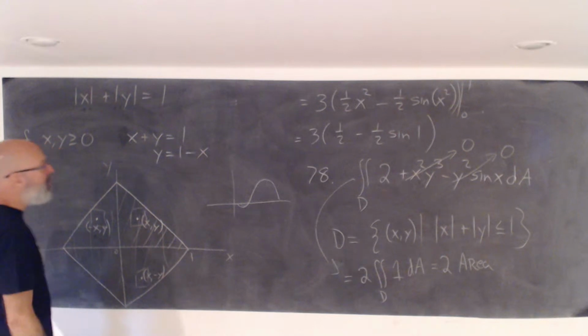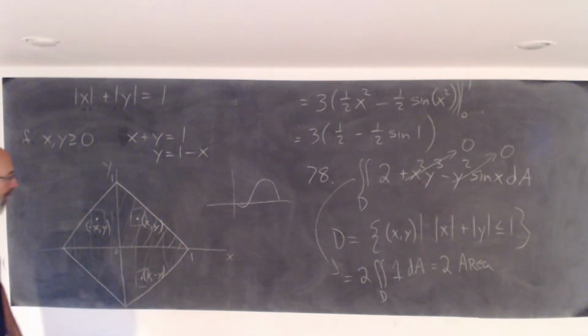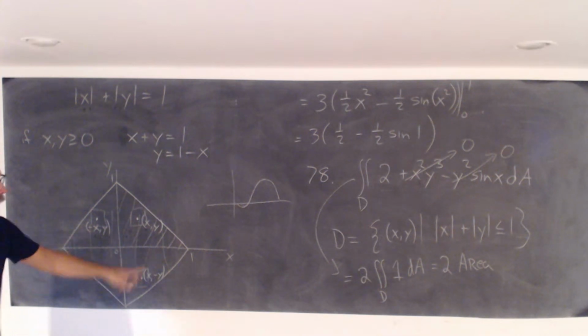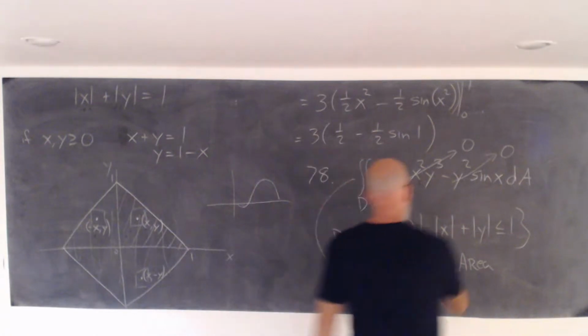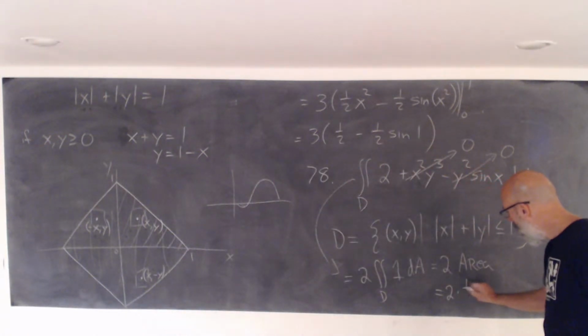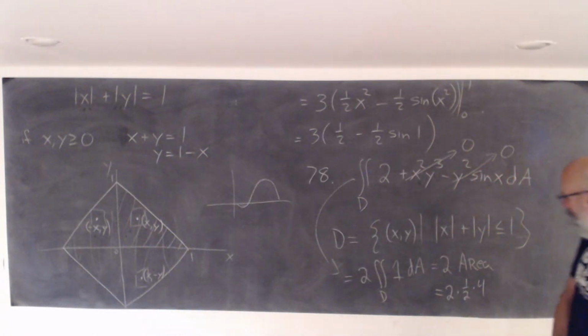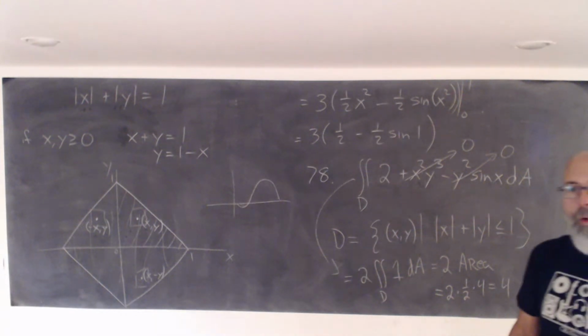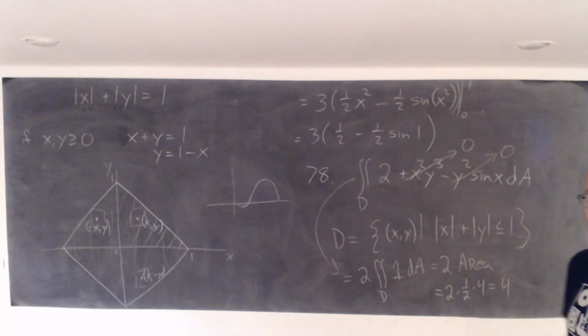Triangle of base 1 and height 1. So the area is 1/2 base times height. So 1/2 times 4. And there it is. The integral is 4. There was nothing for you to do.